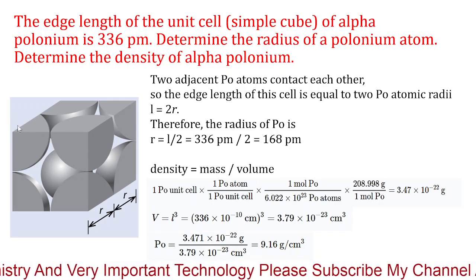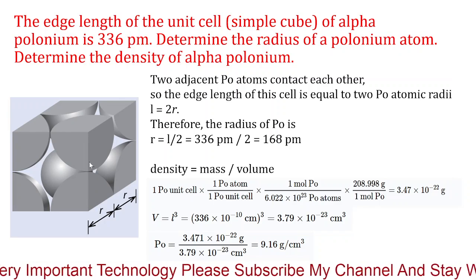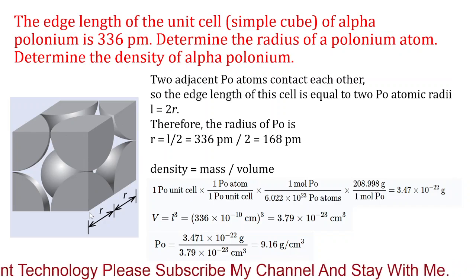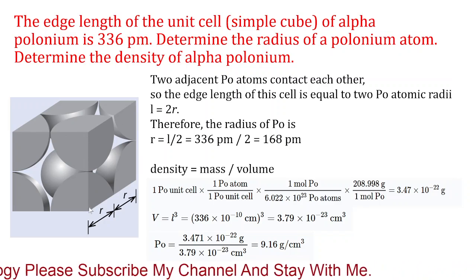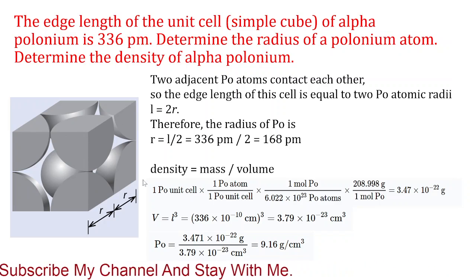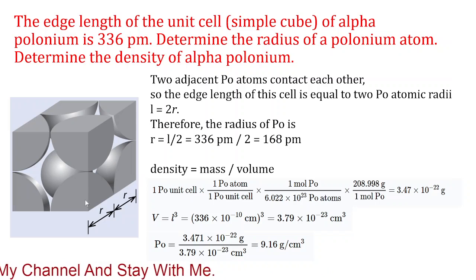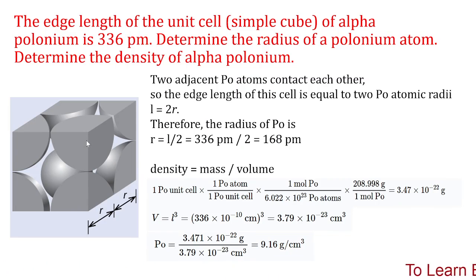This is the length of the crystal. So what would be the size of the atom or radius of the atom? Here we have two atoms, that is simple cube structure.